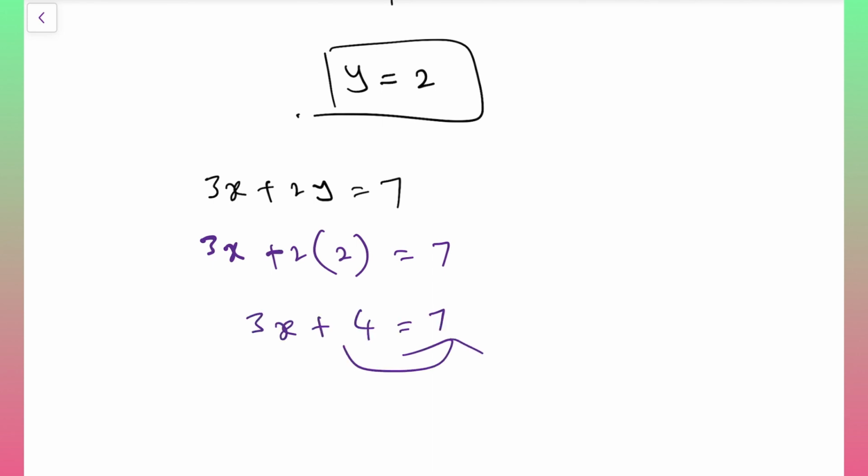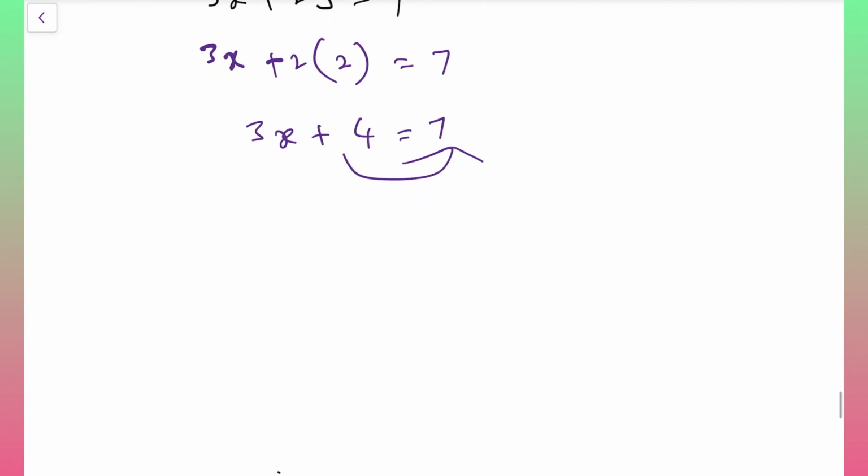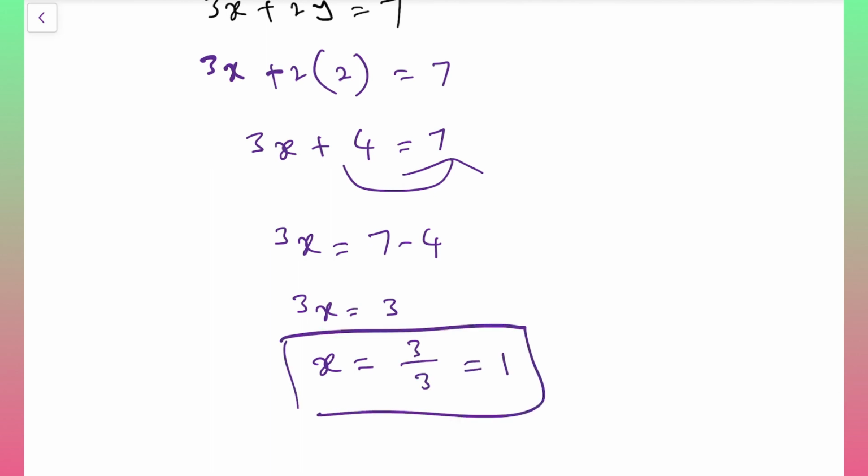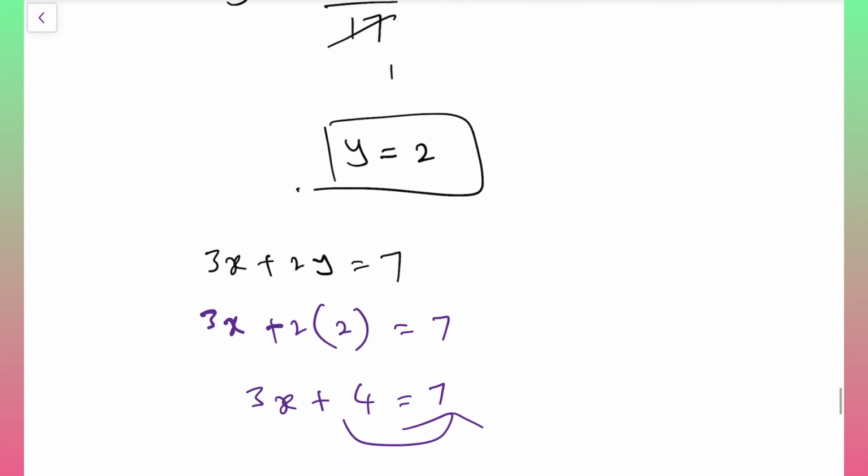Take plus 4 to the right side, then it becomes minus 4. 3x is equal to 7 minus 4, which is 3. x is equal to 3 divided by 3, that is 1. So the x value is 1 and the y value is 2.